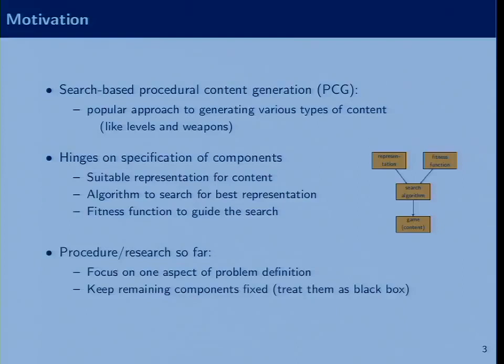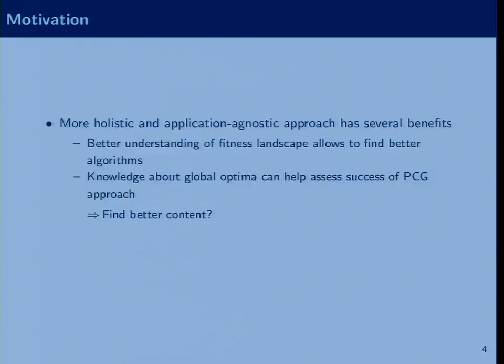So the research so far is focusing on one particular aspect of the problem definition, so not considering all the aspects that are possible. So different components that you don't focus on are kept constant or treated as a black box, which could be done, but is not the ideal solution for working with PCG.